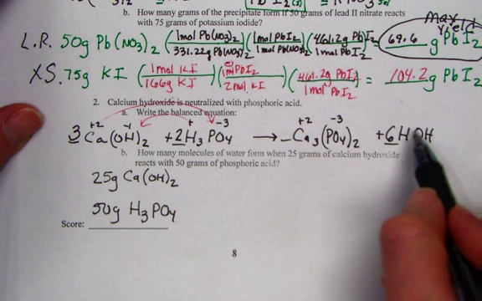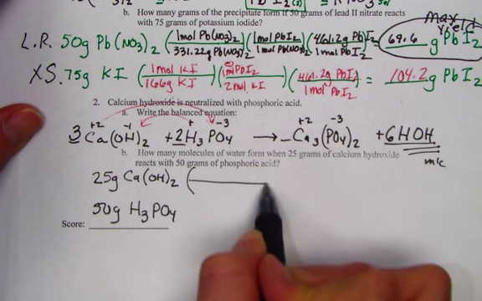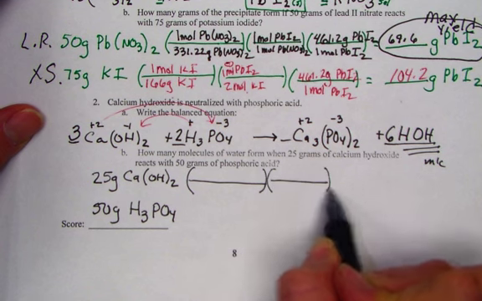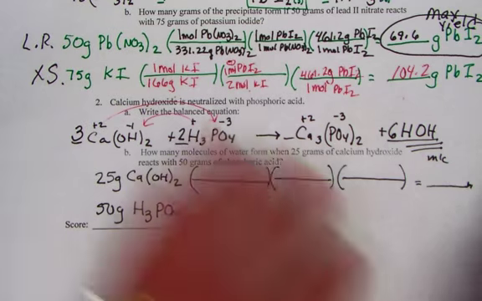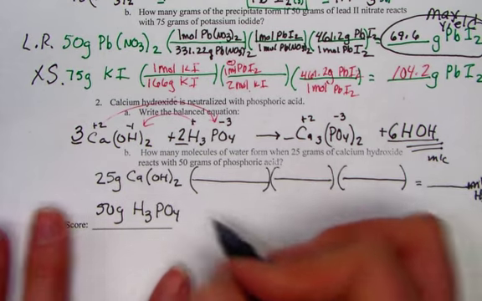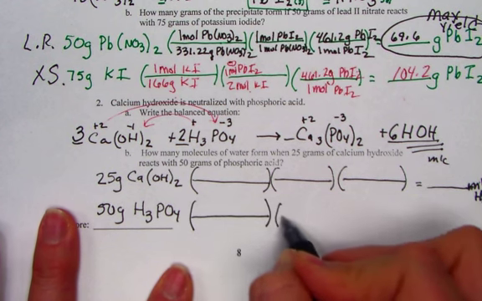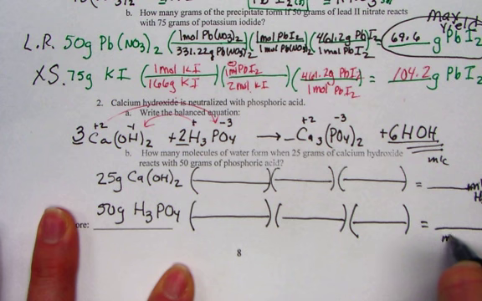The target is molecules of water. We'll set up our 3 conversion parentheses, making the target molecules of H2O. We'll have 2 problems to do, comparing our answers to find the smaller of the 2. Same target, the molecules of H2O.